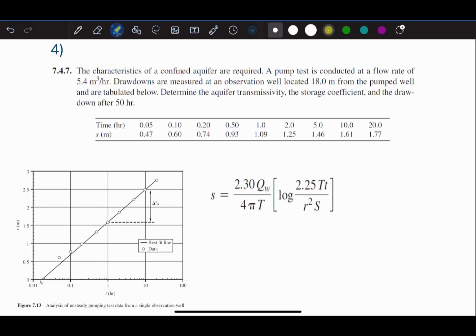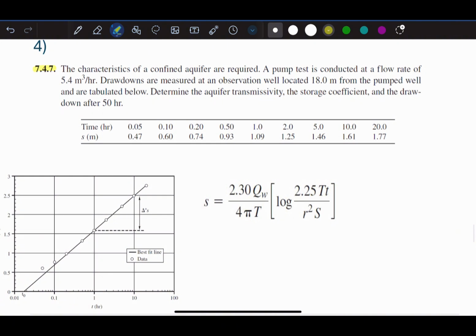Now it is question 7.4.7. We have a little bit different question this time, so let me read the question text. In this question, we need to find the characteristics of a confined aquifer. A pump test is conducted at a flow rate of 5.4 cubic meters per hour.